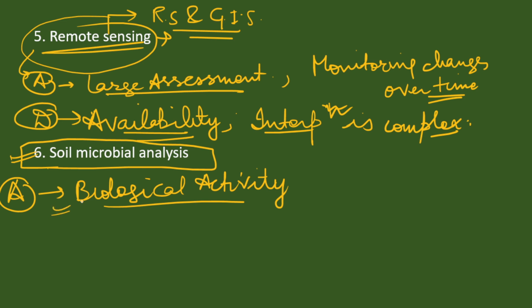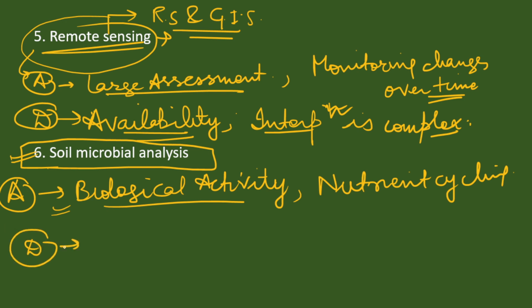So the biological activity is very important to know, because many times if the soil is good in nutrients but the microbes are not present, or the microbes are in very less quantity, the nutrients will not be converted into available forms for the crops. So it is very important. It also lets us know the status of nutrient cycling. So these are some of the advantages of soil microbial analysis.